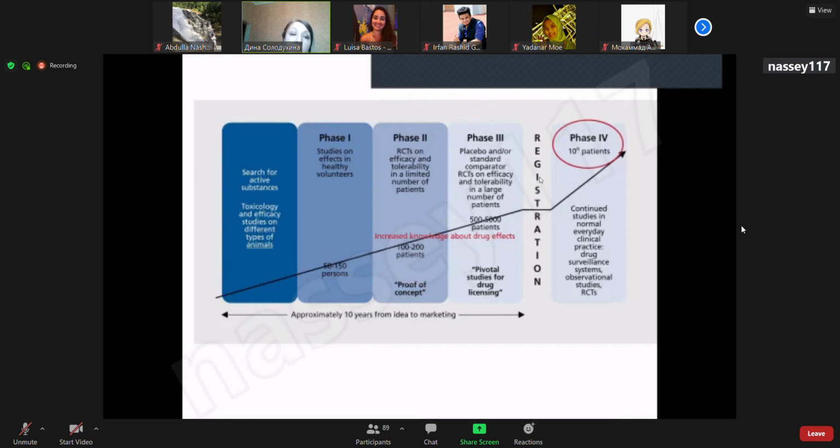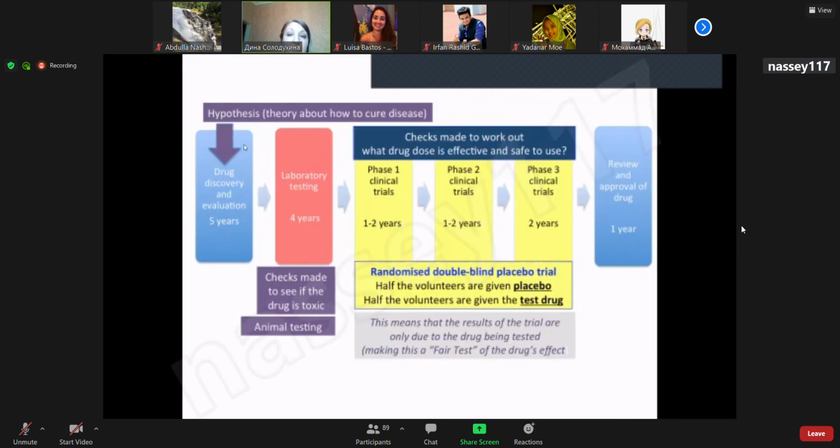So the process of drug discovery and evaluation is a long-term process, and we have a possibility to test any hypothesis in a relatively short period of time, but the whole process will be really time consuming.